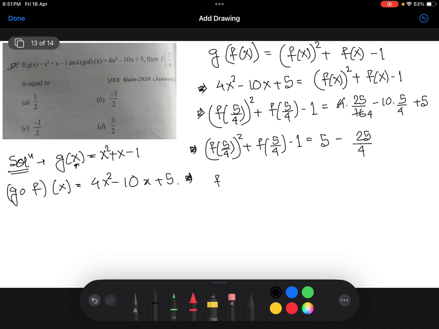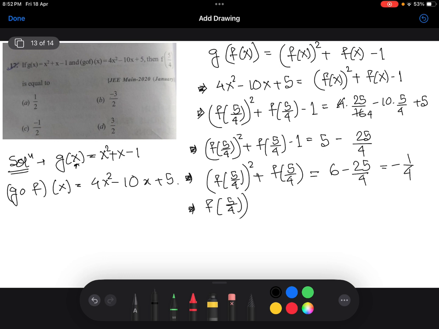If we do this calculation, we get 6 here, so this is equal to 6 minus 25 by 4, that is nothing but minus 1 by 4. So we get f of 5 by 4 whole square plus f of 5 by 4 plus 1 by 4 is equal to 0.